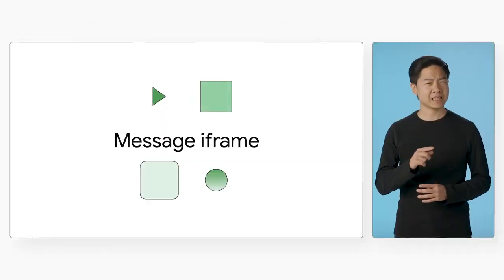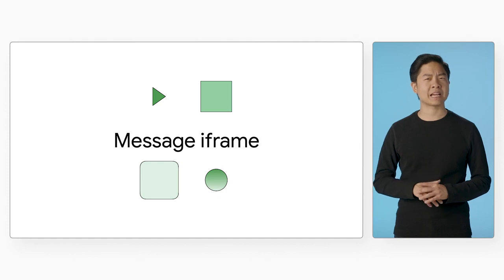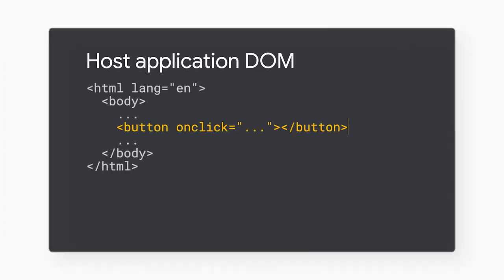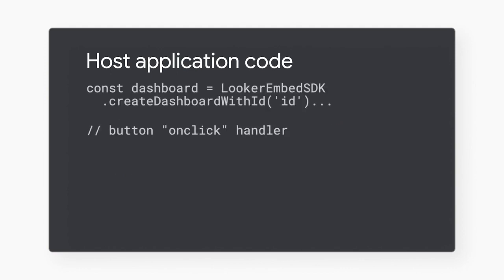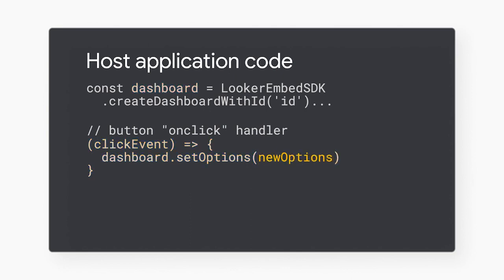Lastly, let's set up a new button to message our embedded dashboard to update its layout. We first create a button in the DOM. Next, we set up the button's onClick handler to call the setOptions method on the embedded dashboard object returned by the Embed SDK. We pass into the setOptions method the new dashboard options that define our new layout.